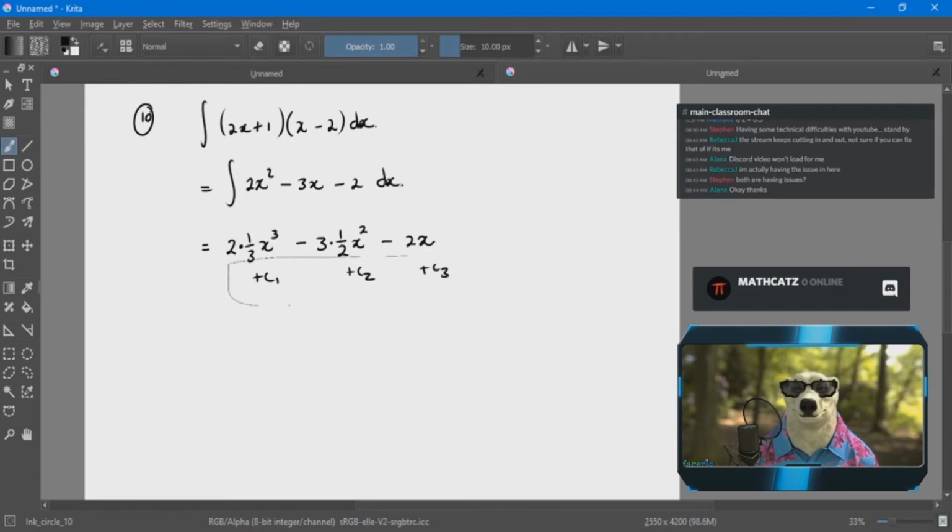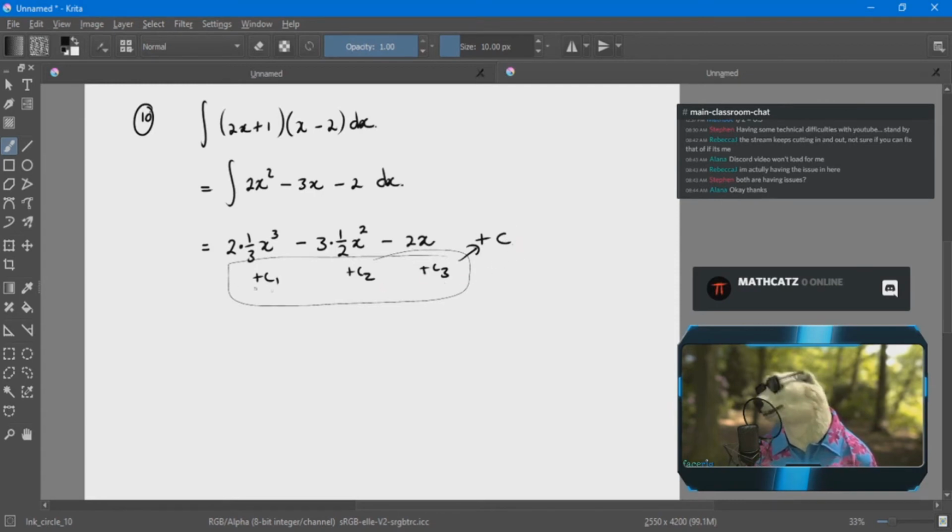I'm just going to pool these together and put a plus c at the end, where c is the sum of all the constants that pop out, because I don't know what they are. If I eventually get more information, which we will, and I have numbers for each individual one, then I would necessarily have a number to add at the end.